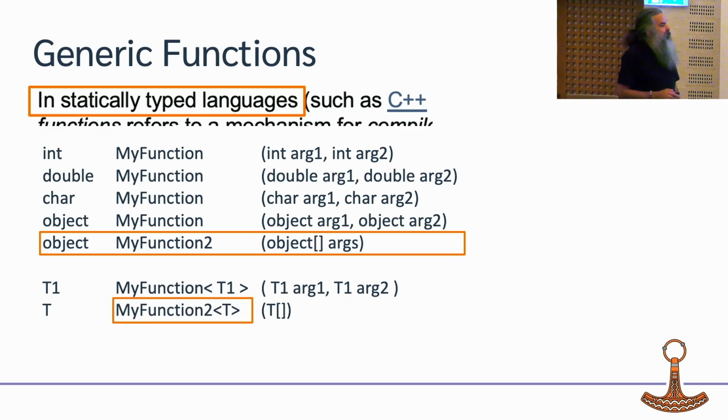We might say I have my function 2 of type T, and it takes as its argument a vector of things of type T. This open square, closed square bracket is again the C# notation to say a vector of.